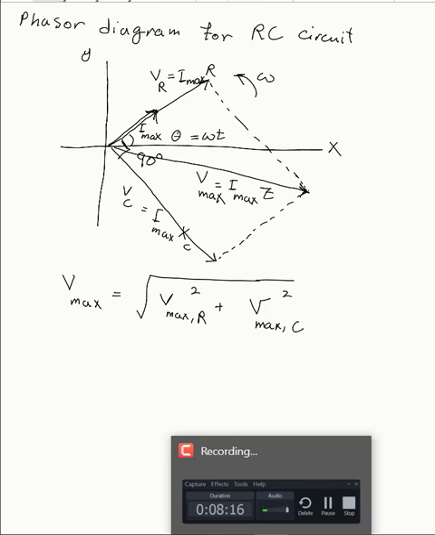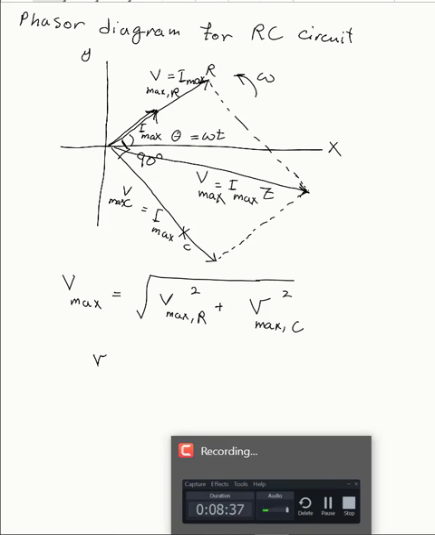Let me add this max here, so we know that these quantities are the maximum: maximum across R, and here maximum across the capacitor.